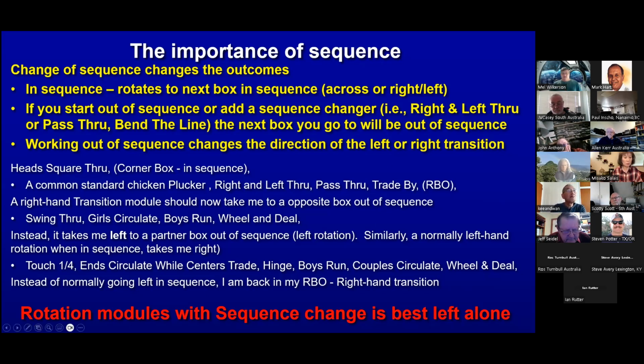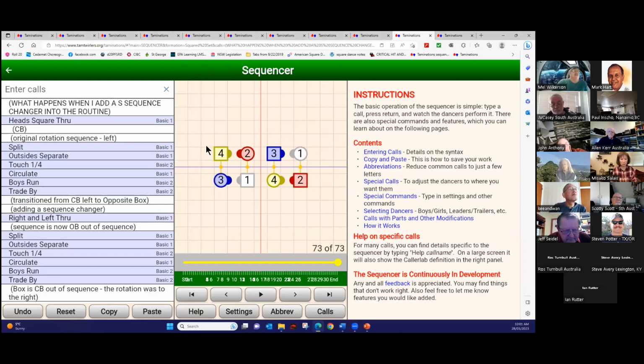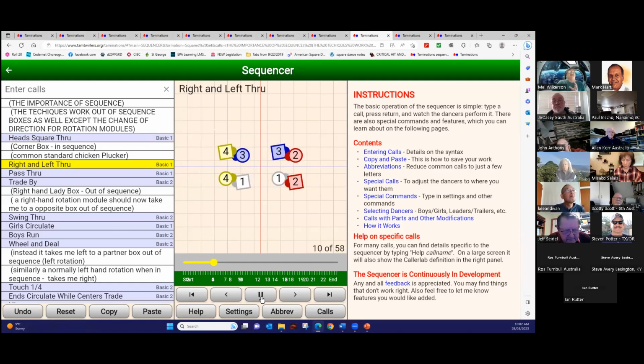So when we look at the importance of sequence, if my get in is head square through, there's my corner box in sequence. If I use the standard chicken plucker, which is right and left through, pass through, trade by, or right and left through, dive through, pass through, that takes me to a right hand box out of sequence.